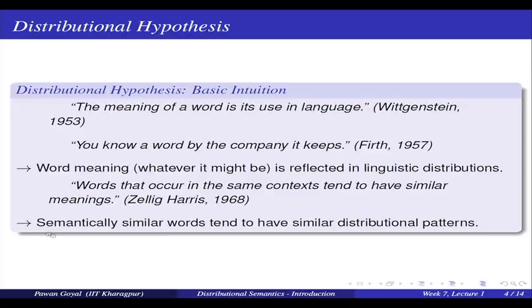Two words have similar meanings if the contexts in which they occur are very similar. So the idea here is, if two words are semantically similar, they tend to have similar distributional patterns. That's what we will be doing this week: how do we capture distributional patterns of words and use that to find similarity across words?